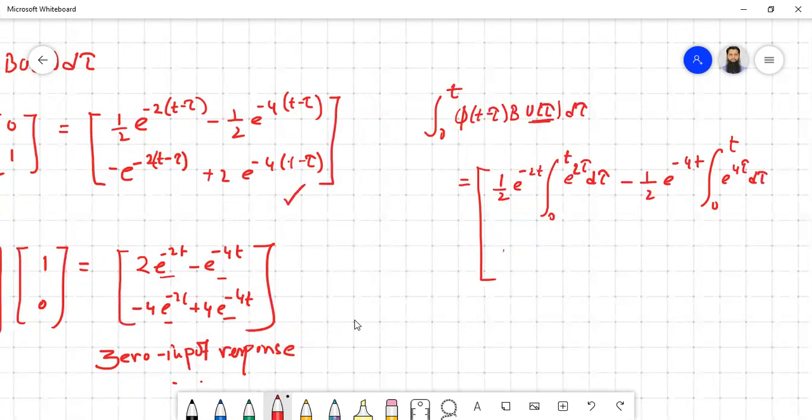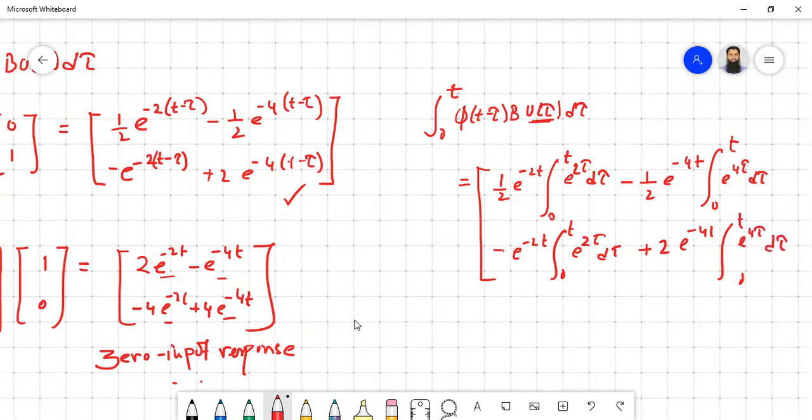Similarly, in the second term, minus e to the power minus twice t, 0 to t e to the power twice tau d tau, plus 2 e to the power minus 4t, 0 to t e to the power 4 tau d tau.